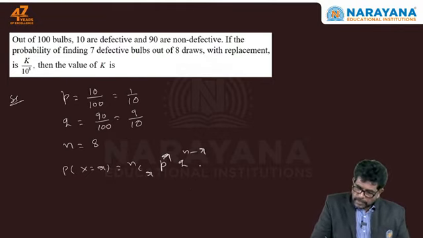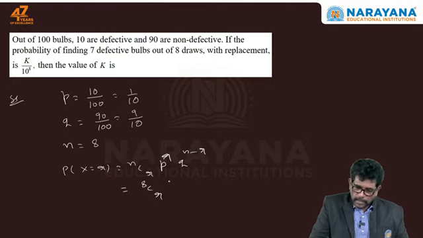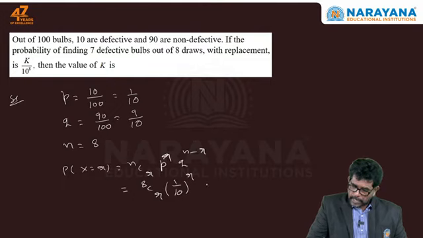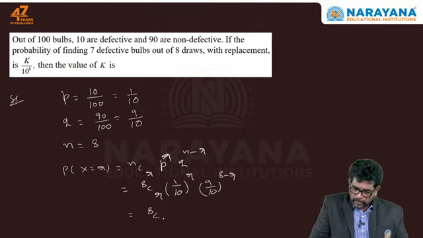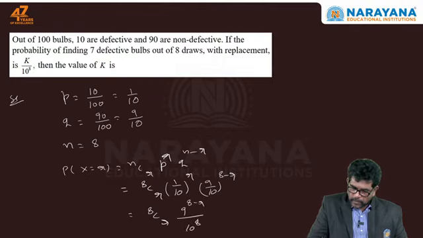Now with n equal to 8, this is 8Cr, where the success, getting the defective bulb, has probability 1 by 10 whole to the power of r, and q is 9 by 10 whole to the power of 8 minus r. This is equal to 8Cr 9 to the power of 8 minus r upon 10 to the power of 8.